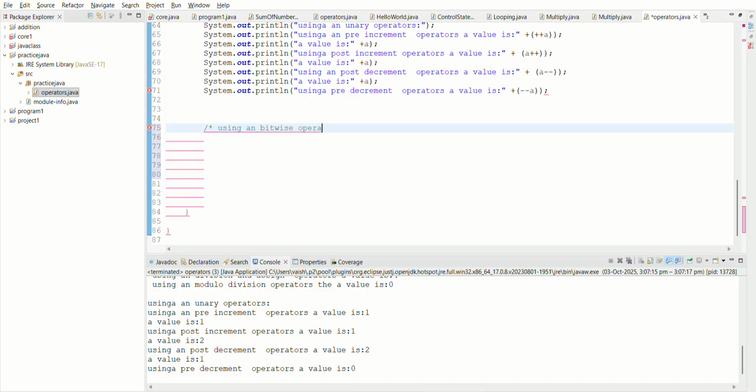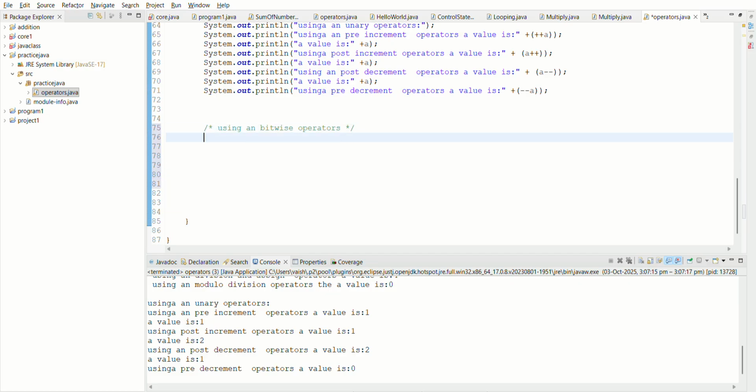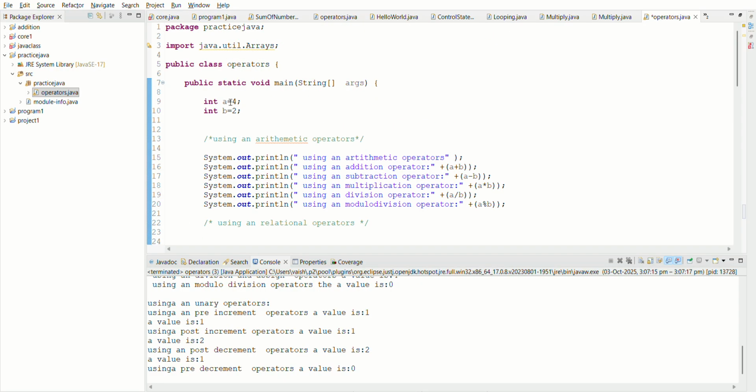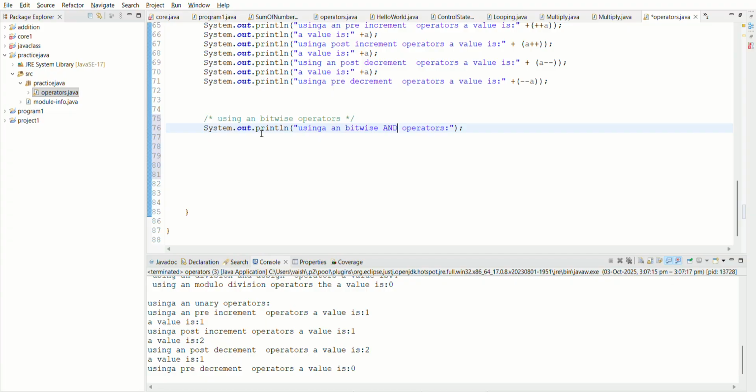So using the bitwise operators, first the bitwise AND operator. We use the same 4 and 3 values here.